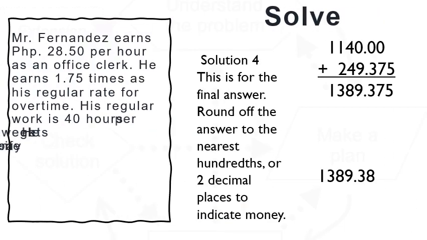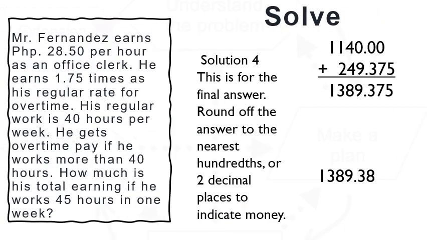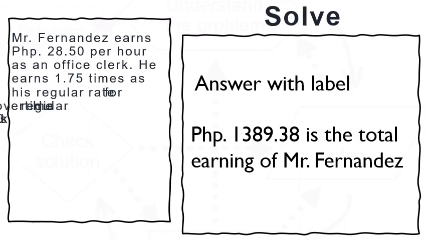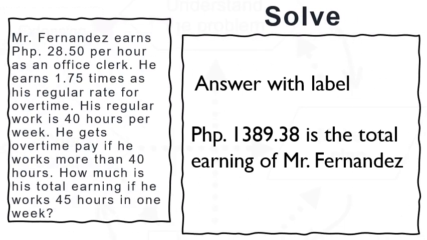For solution 4, we will add his overtime pay and regular pay. Make sure that you rounded the answer in hundredths or 2 decimal places to indicate money. Write again your answer. This time you will put all the labels needed to answer the question. Without the label, the answer has no sense or it's not a complete answer.